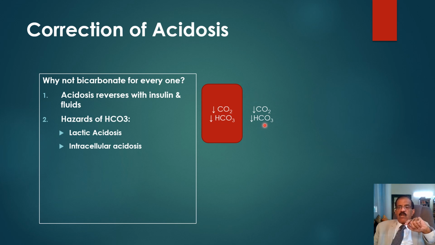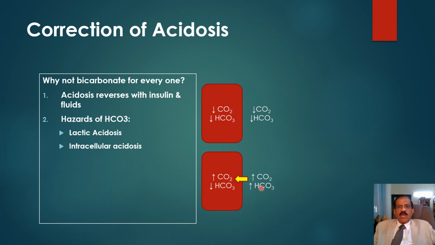Since extracellular compartment is in equilibrium with the intracellular compartment, intracellular carbon dioxide and bicarb will also be low. So in both the compartments, carbon dioxide and bicarb are low. So carbon dioxide and bicarb ratio is actually important. If both are low, that is less harmful than one of them being low.